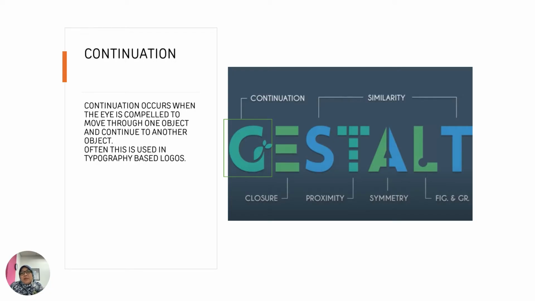If you look at the image here, the G for Gestalt, your eye is moving from the curve of a C and up towards the image of a leaf, and your brain will naturally think that is the letter G. So continuation means that something keeps going or carries on without stopping, and in this case the letter G keeps going and it stops at the leaf.